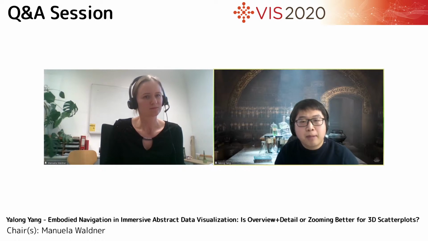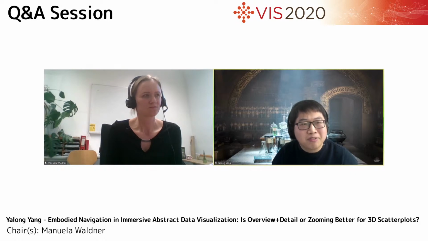And in the paper, we point out that can be a very good direction if we want to improve the overview plus detail in the future. And we pointed out a few future directions. For example, we can provide more continuous morphing to the new position instead of suddenly jumping there. And also a few other directions in our paper. So please check our paper for more details.